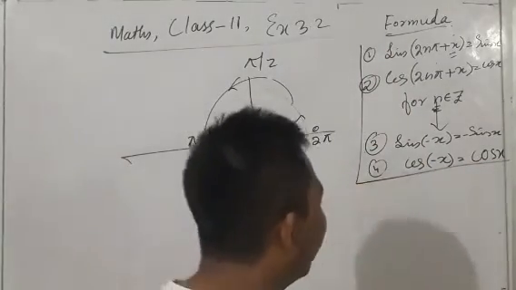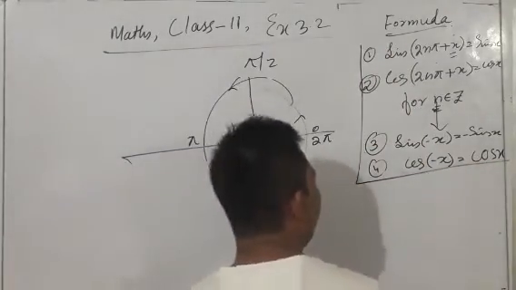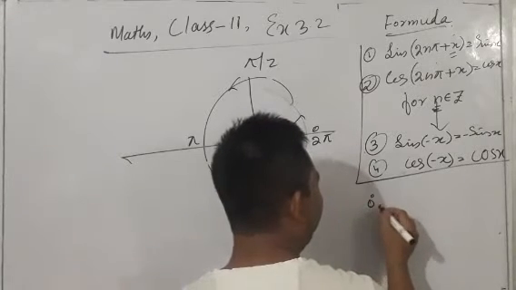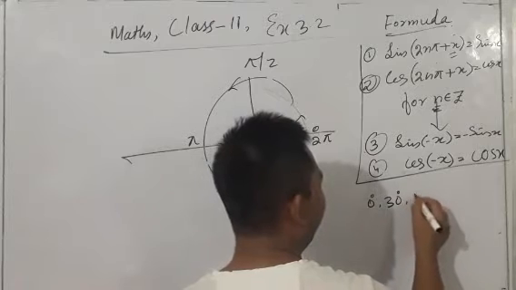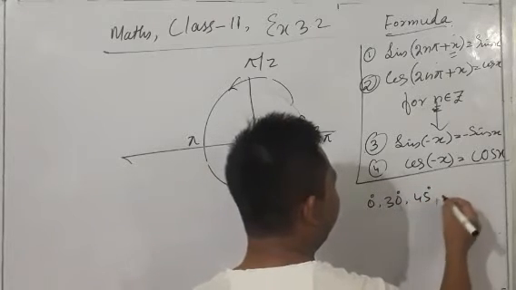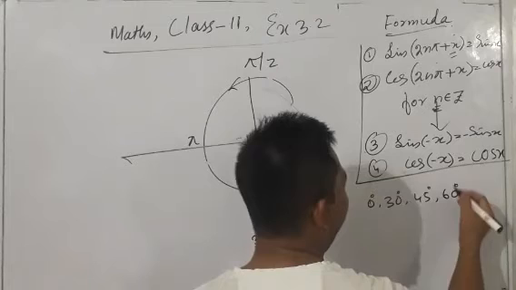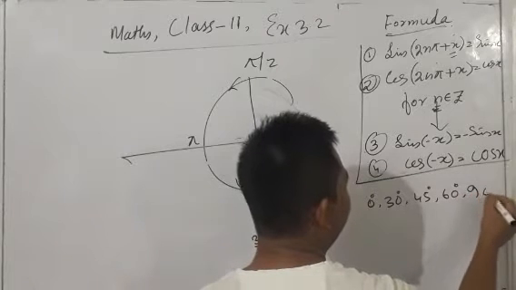Introduction part. And then what you do is, this is the degree measure: 0 degree, 30, 45, 60, and then 90 degree.